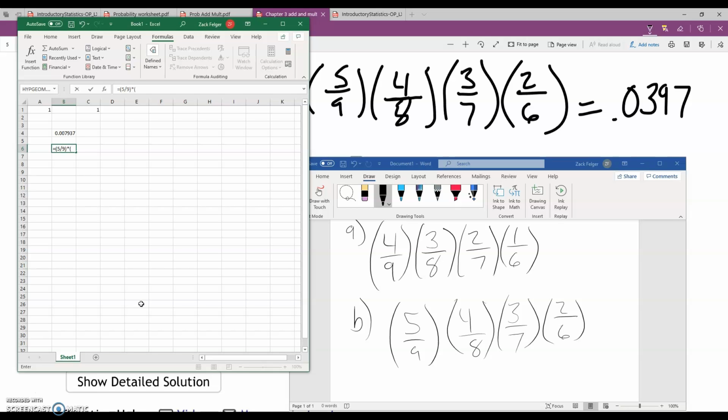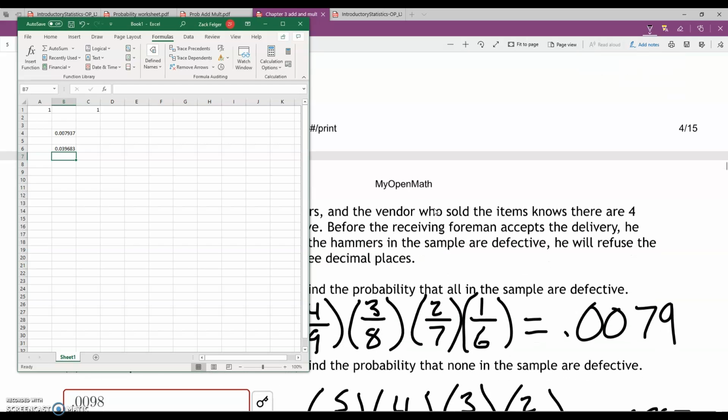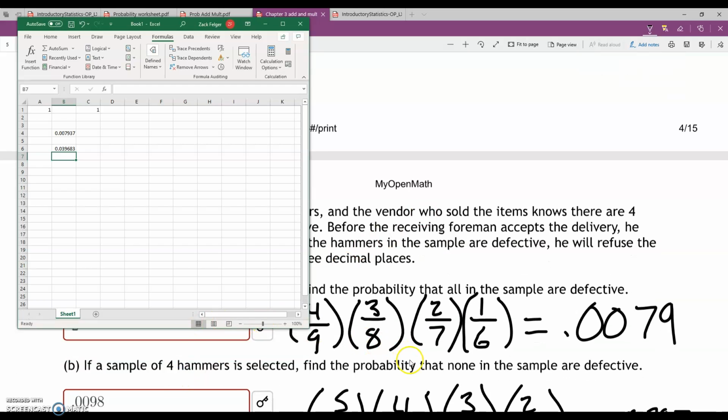Again, parentheses, 4 divided by 8, multiplication sign, 3 divided by 7, multiplication sign, and 2 divided by 6. Hit enter. And right there is the last statistic to figure out, how many of the ones in the sample are going to be not defective.